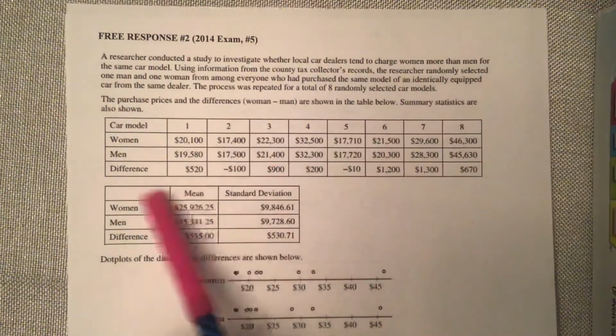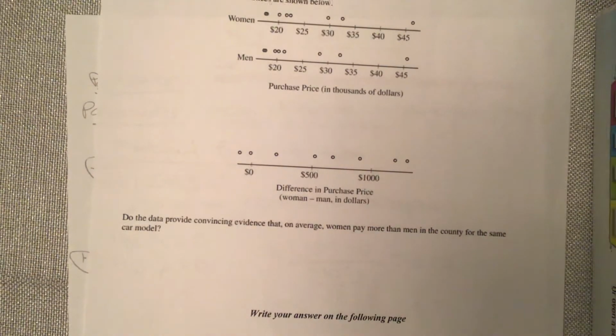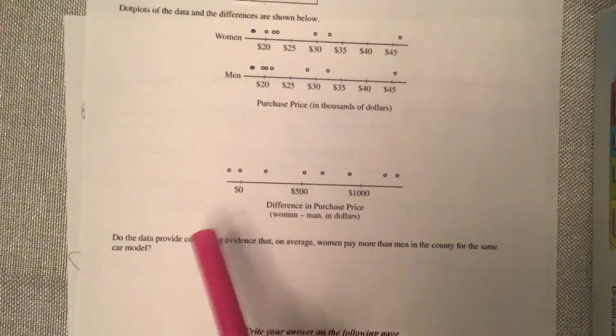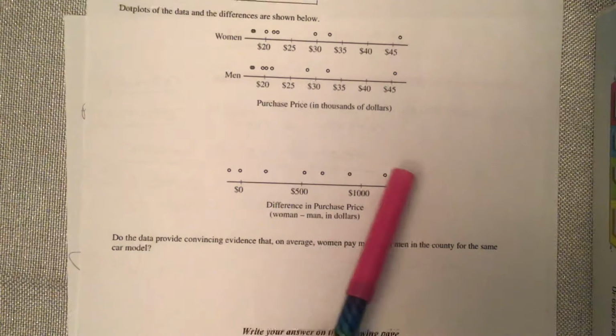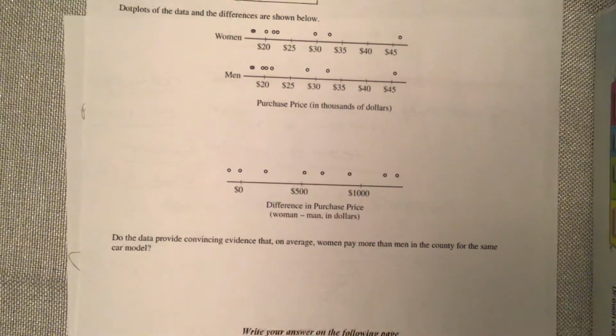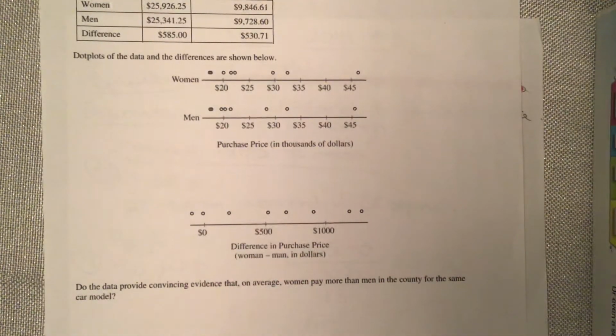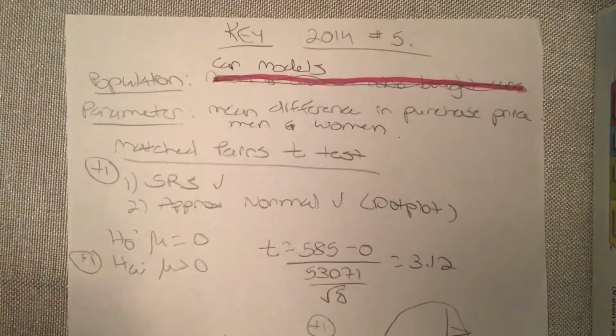So if you wanted to, you could make a quantile plot, or they've already made a dot plot for you. You could just use the dot plot as evidence. So even though this doesn't look approximately normal, as long as it seems reasonably symmetric, we'll say that it's good. Those are my only 2 conditions.